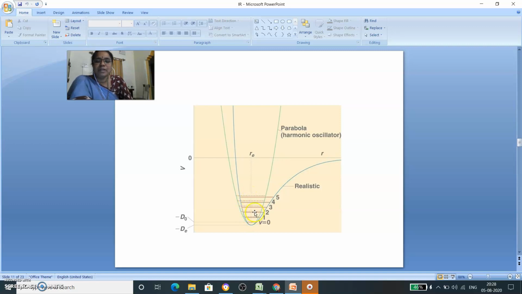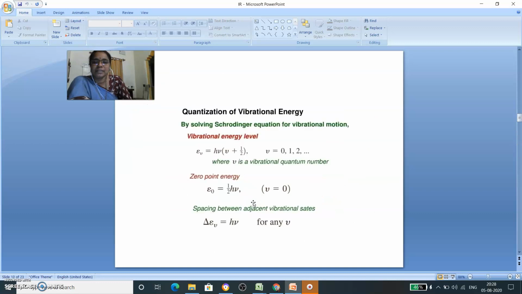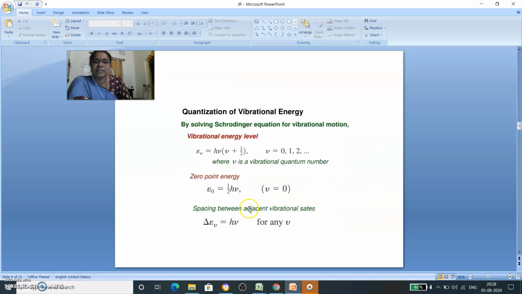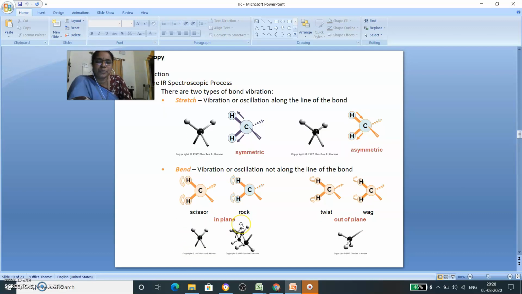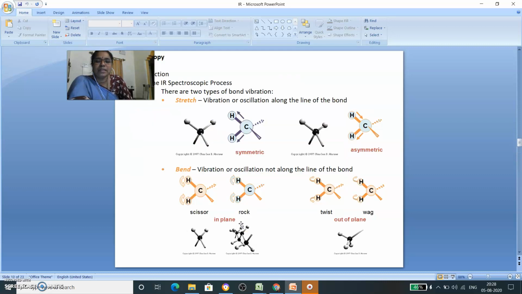So 0 to 1, 1 to 2, 2 to 3 like this, this will happen. And generalized, delta Ev is equal to h nu. That one you can calculate from this graph.